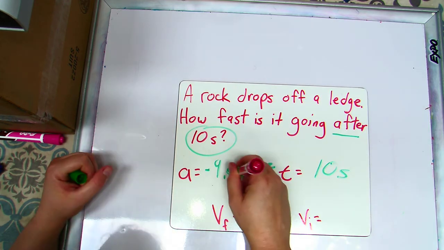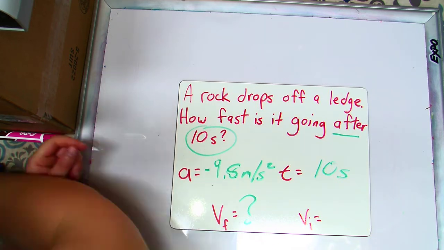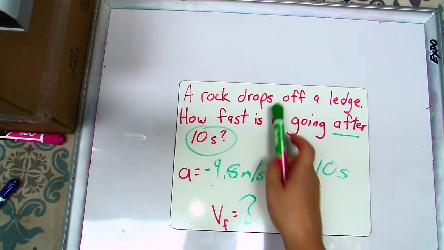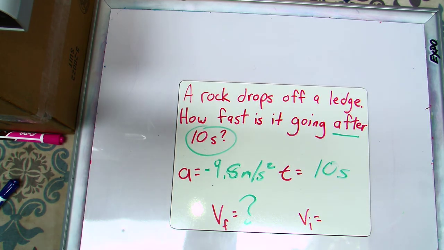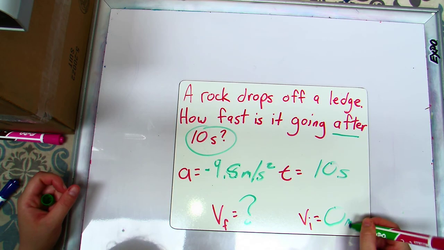In all the free fall equations, the acceleration is going to be due to gravity, so that's negative 9.8 meters per second squared. And what about the initial velocity? Well, it was just sitting on the ledge. It wasn't moving. That means it's at rest, and if it's at rest, that means that it has zero initial velocity.